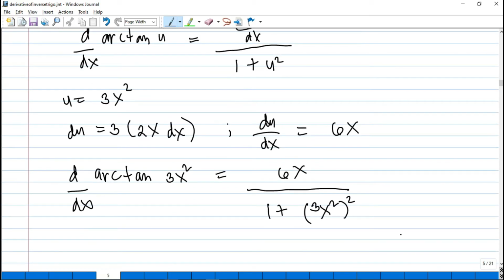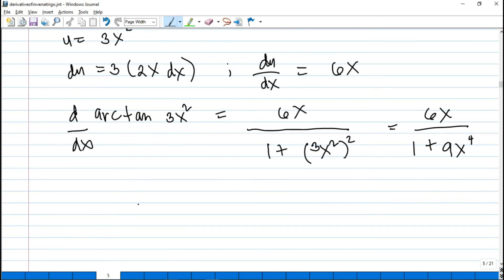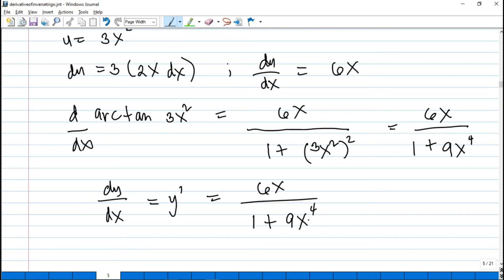Okay, let's just simplify this. So this becomes 6x all over 1 plus 9x raised to 4. So this is the final answer for this third problem. So this is dy over dx, or y prime, that is just equal to 6x all over 1 plus 9x raised to 4.